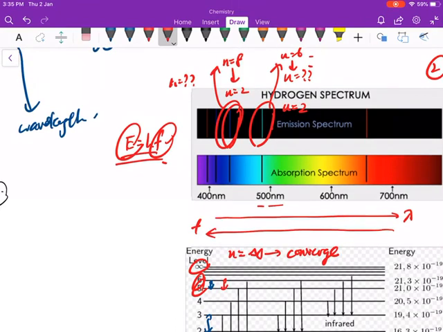Because they have the same endpoint, n equals 2, if you have a high energy level going down, the difference is larger, yeah? And if you have a lower energy level going down to n equals 2, the energy difference is lower. That's why the frequency and energy level increase on the left in this diagram.